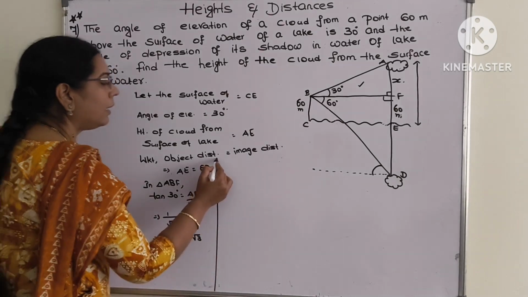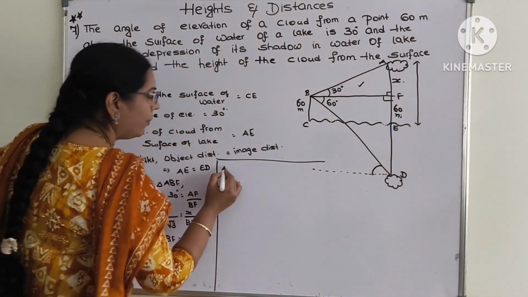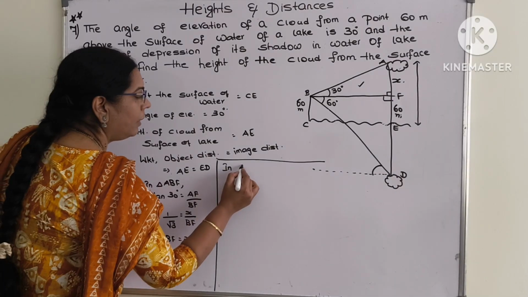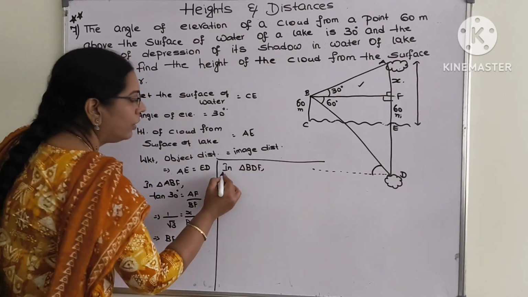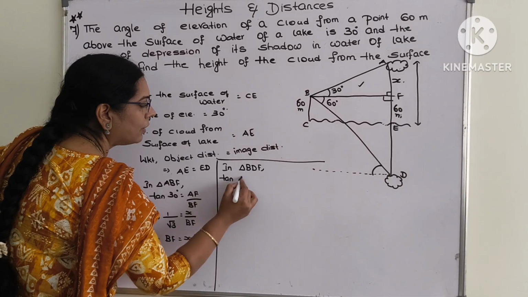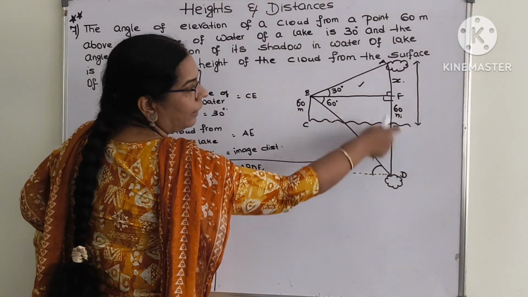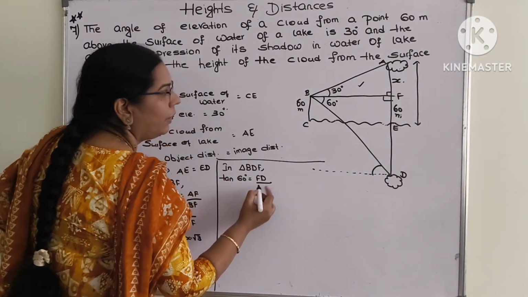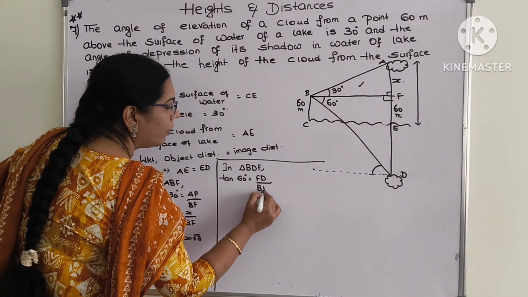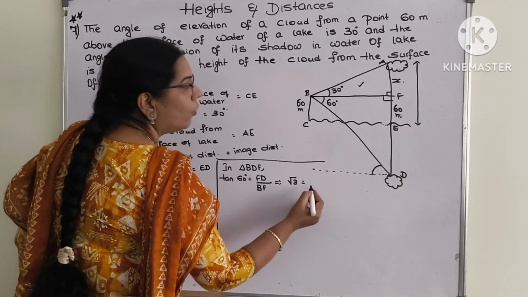Let us take the other right angle triangle, which is BDF. In triangle BDF, tan 60 degrees is equal to FD by BF. Tan 60, children, is root 3, equal to, what is FD?